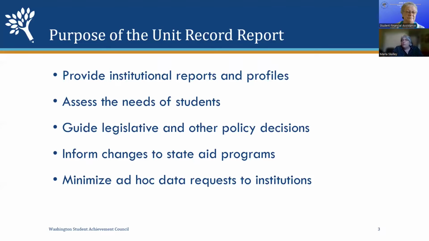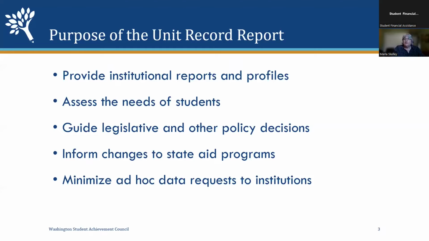What the Unit Record gives us is institutional comparisons across the state. So we are able, through the information you provide, to measure the needs of our students in the state. Through the reporting we get, we're able to compare sectors.